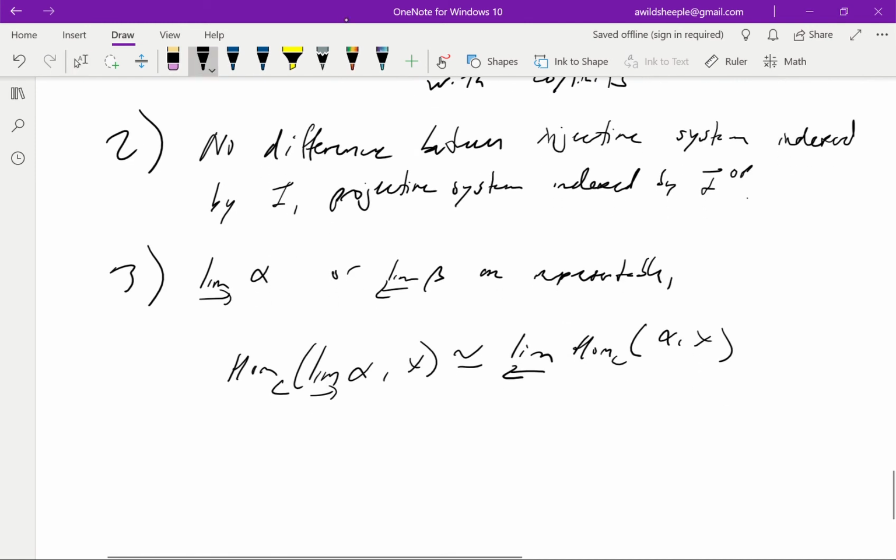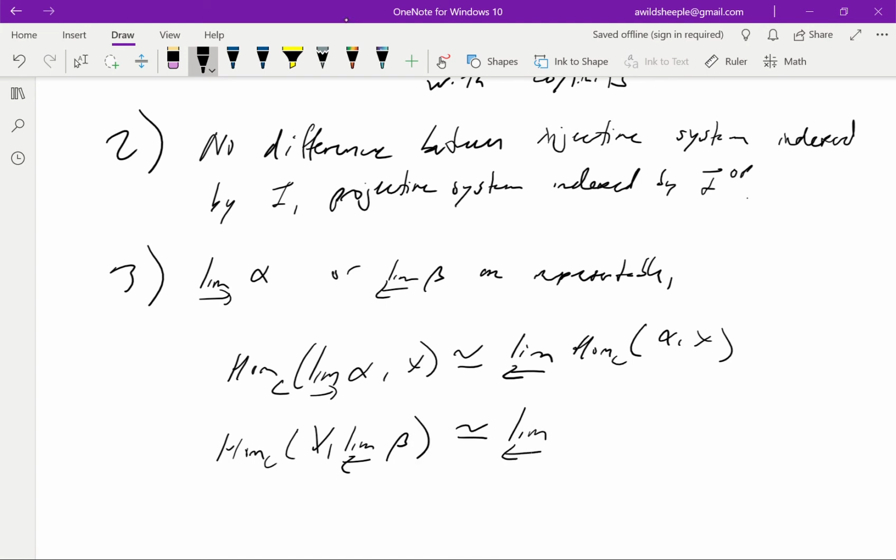And completely similarly, Hom C of a projective limit is also the same as a projective limit of Homs. And just pay attention to the entries.